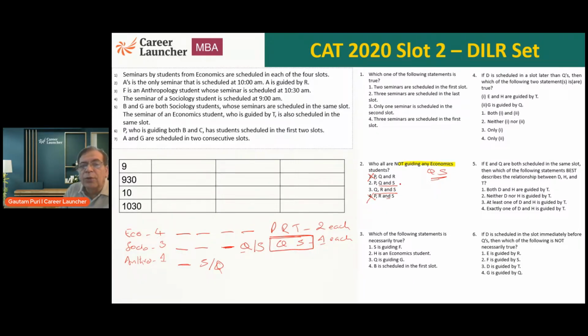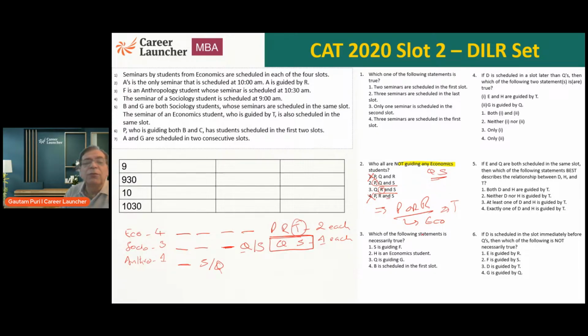Secondly, what are the choices? The 2 choices are QS common, and in one choice there is a P, there is a R. What does that mean? Either P or R is from economics. One of them is from economics. And the second thing tells me T is from economics.